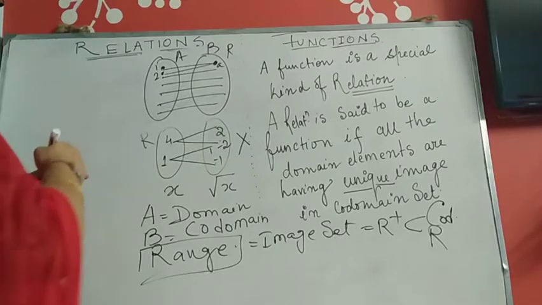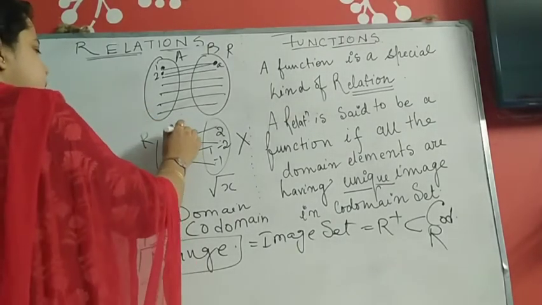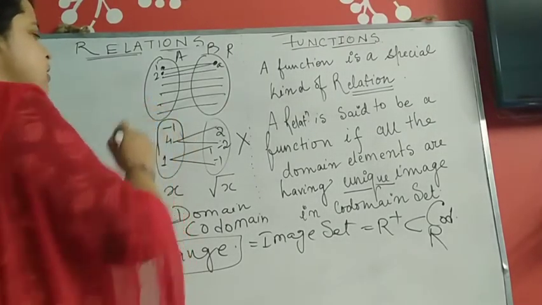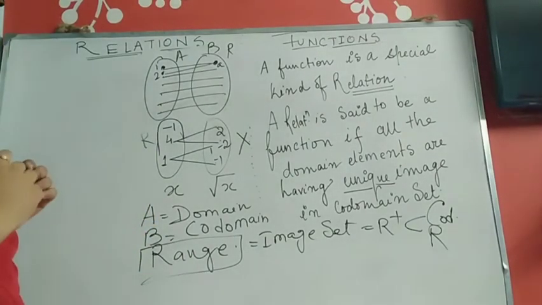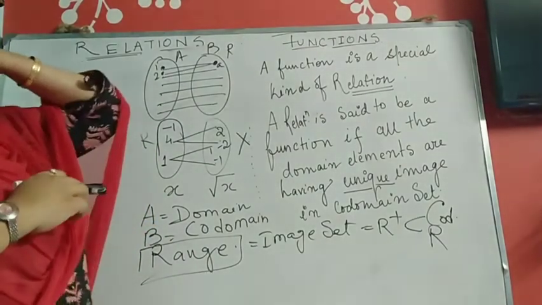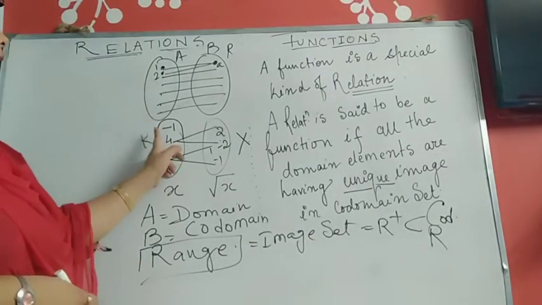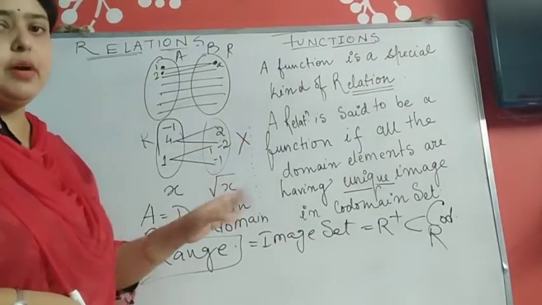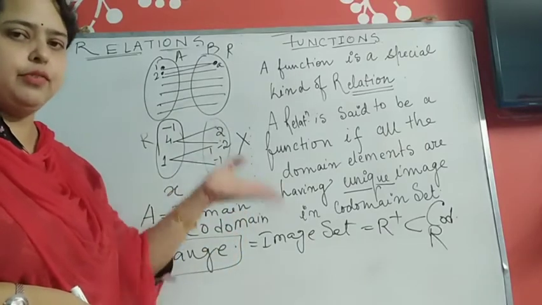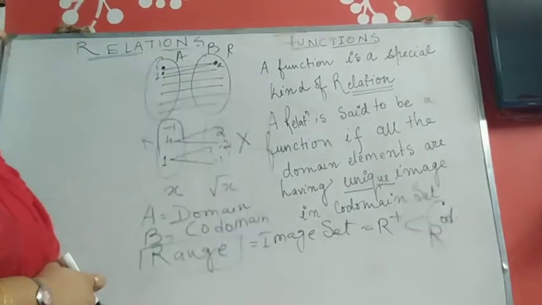See very carefully what I want to say here. First of all, what I asked you, what about the square root of a negative number, say minus 1. So you have also understood that in the real valued function, that square root of negative number does not exist. Okay, that is, we are not studying about the complex number system.